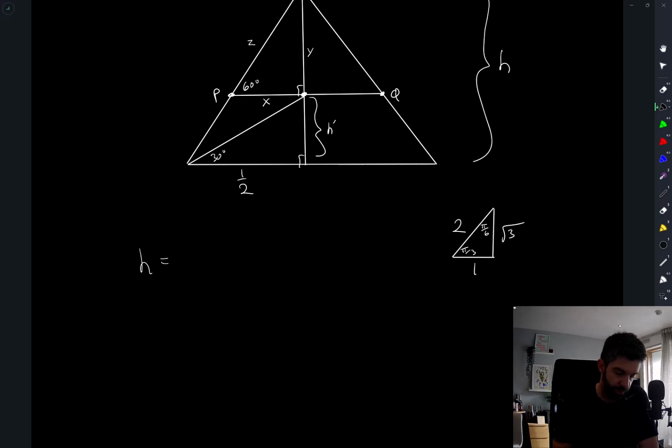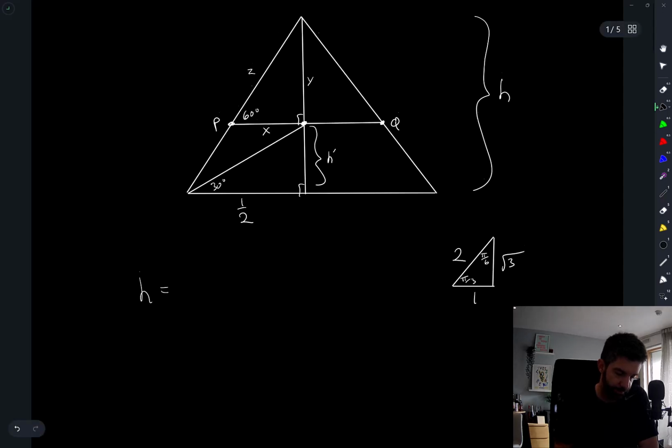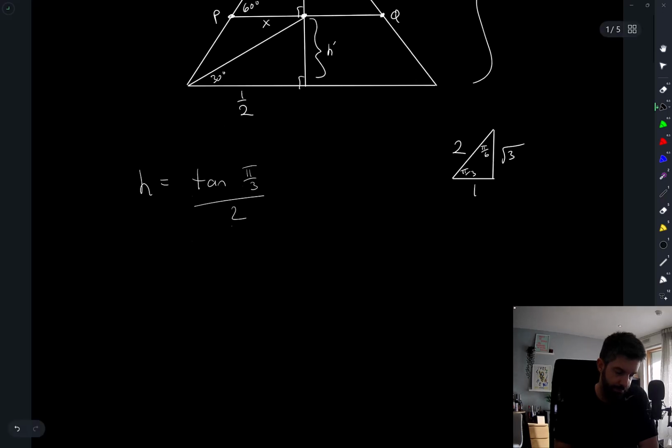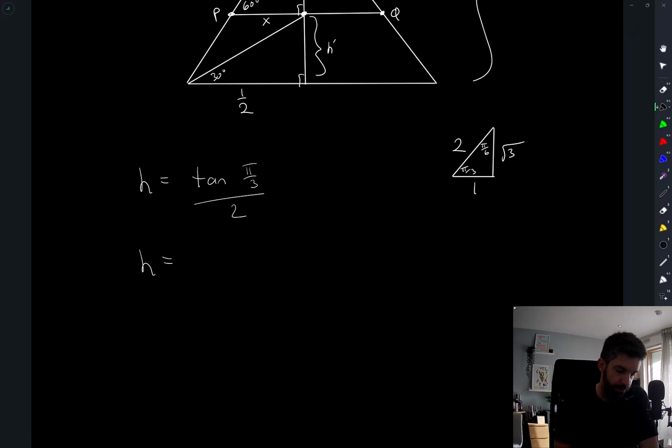H is equal to tan pi over 3 over 2. So H is equal to root 3 over 2.